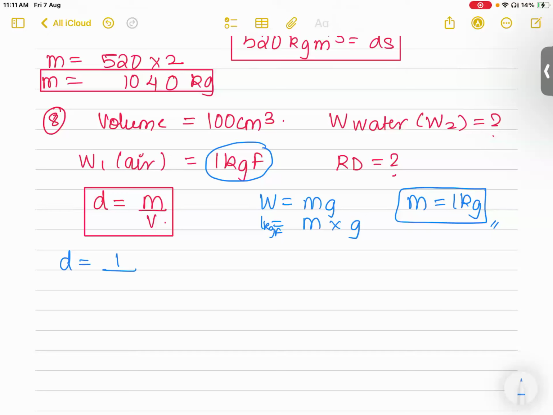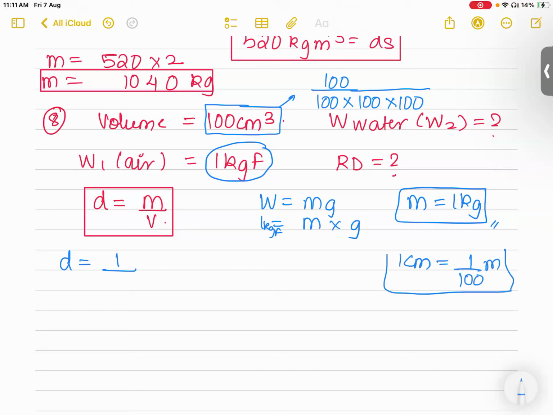Here there is a problem. It is given to us in centimeter cube. We will have to convert it into meter cube. So 100 upon 100 into 100 into 100. Reason why I divided by 100 three times is because 1 centimeter is 1 upon 100 meter. If I take cube, I will take cube of this, hence I divided 3 times.